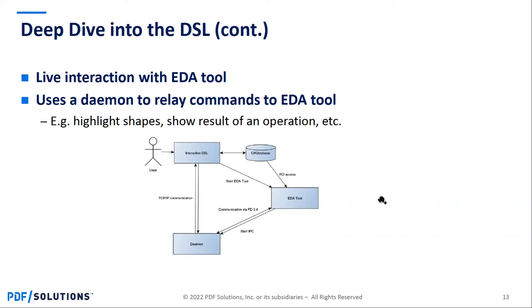So you can say, hey, highlight this polygon, or open the window, close the window. And the nice thing is, if you quit your interactive DSL shell, it cancels all the processes. So it will shut down your EDA tool, it will shut down the daemon for you and so forth.